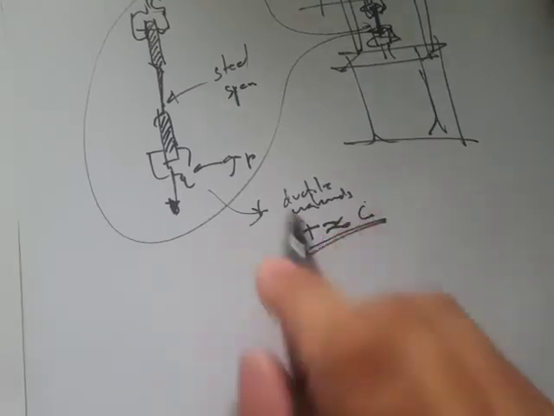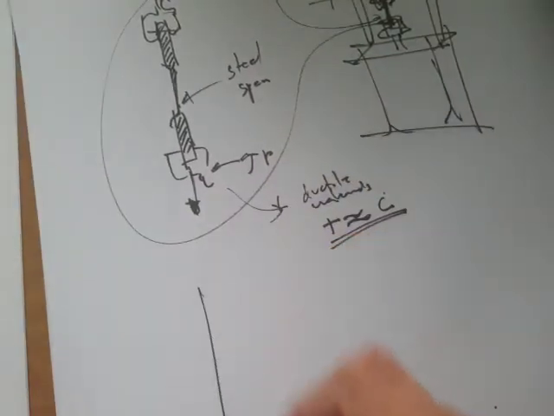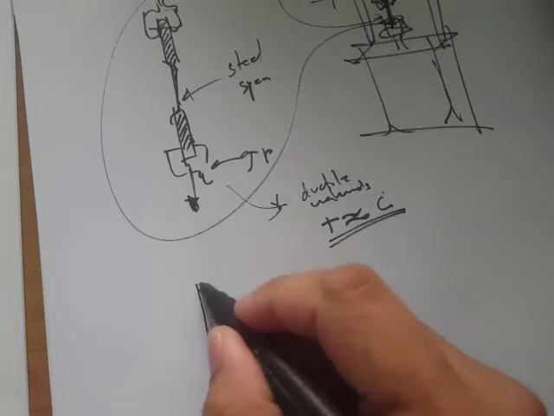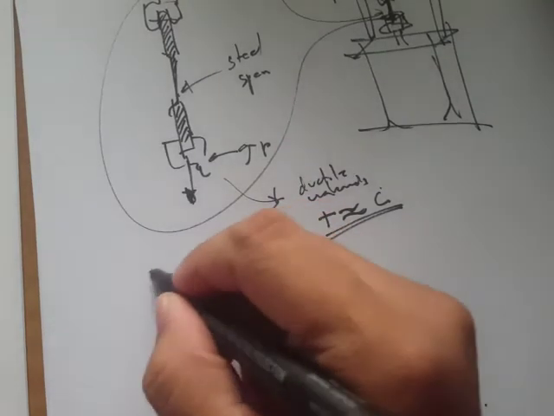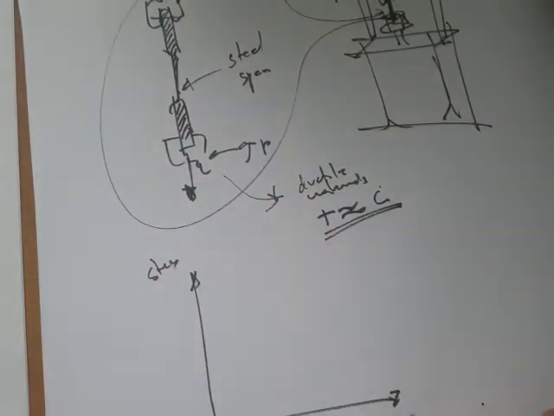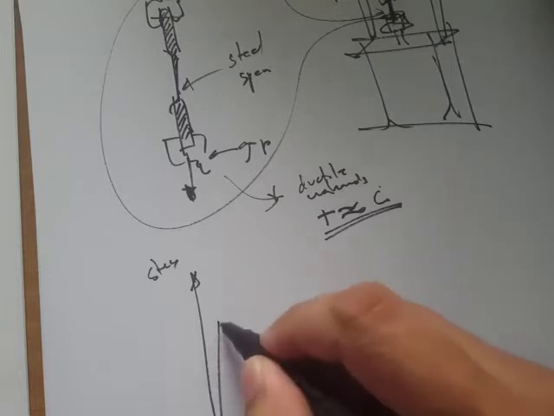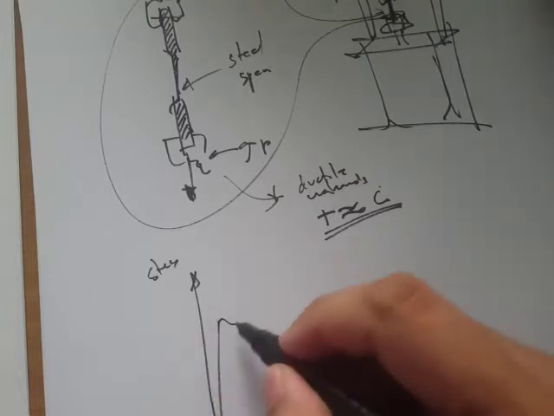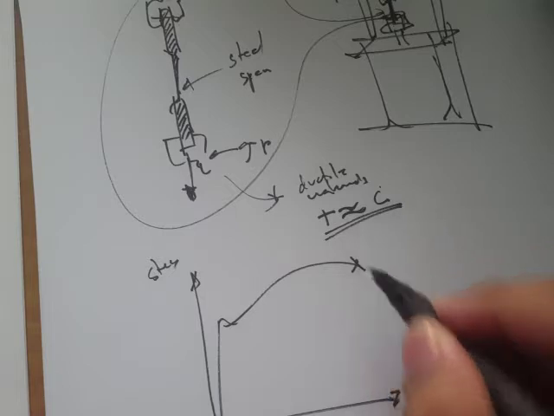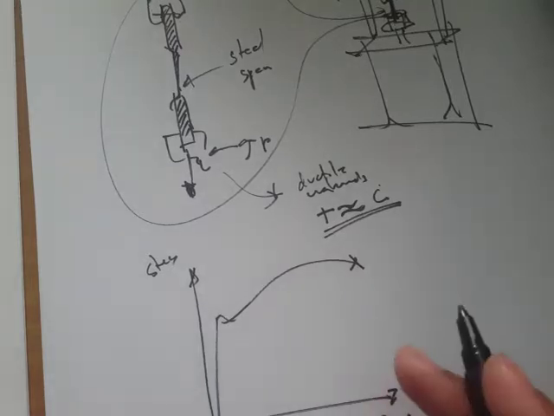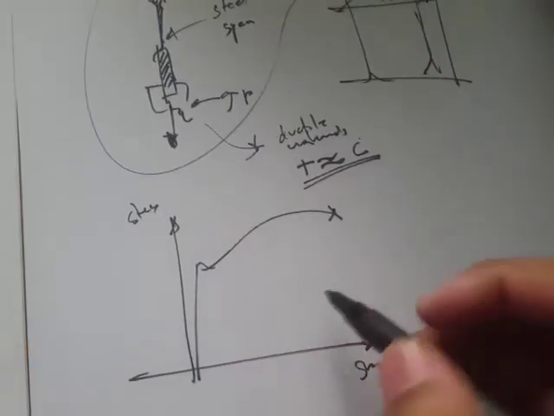Once it's being pulled apart, there's a report generated, something like this stress strain curve. The stress strain curve shows how much deformation it undergoes when you increase the loads. So the typical stress strain curve for a steel is something like this.